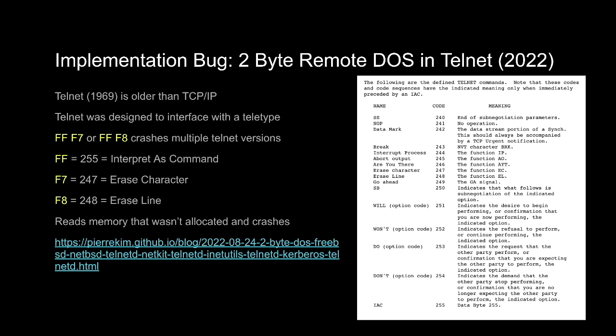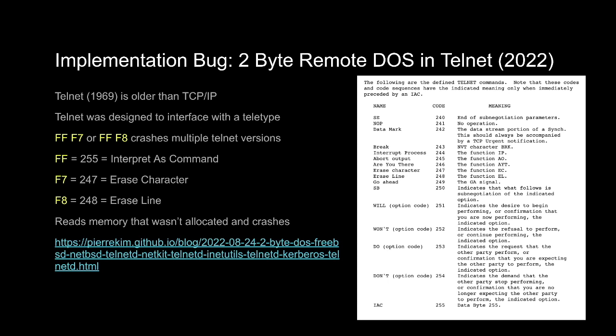If you're doing this on a typewriter or teletype, there could be some physical mechanism that has to be implemented to do erasing. But in this case, if you send an FF F7 or FF F8 without any data afterwards, if you just end the packet there, it crashes a significant amount of Telnet versions.